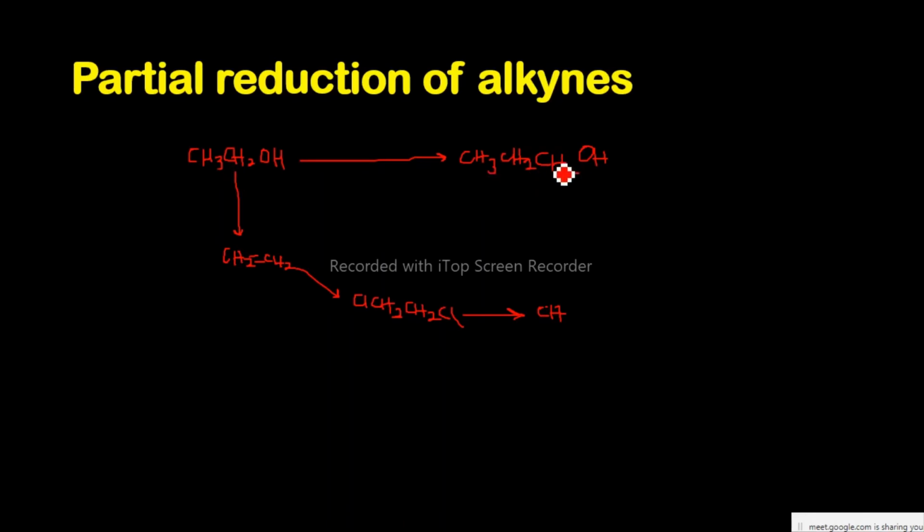So how are we going to increase the carbon chain? That's why I'm doing all this. I'm aiming at increasing the carbon chain, and then after that I reduce to the alcohol. So you form your alkyne, ethyne, CH≡CH.